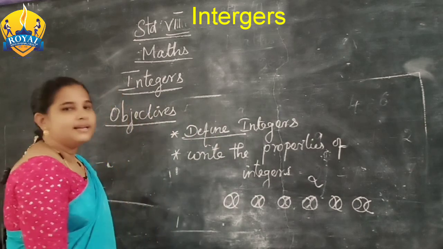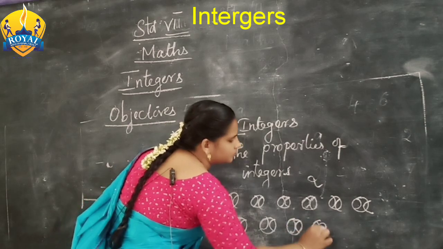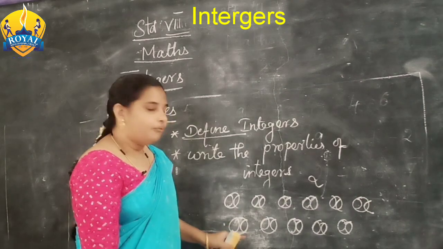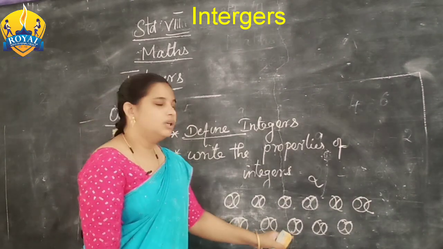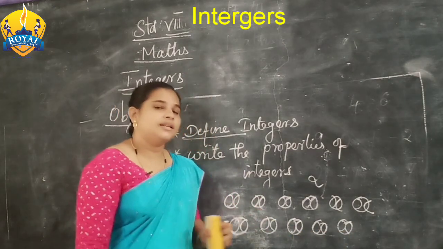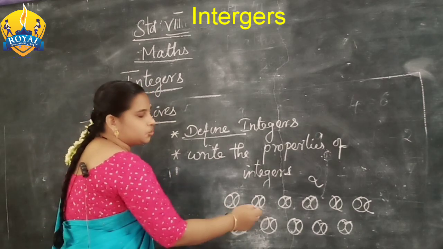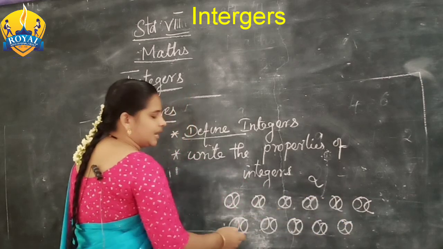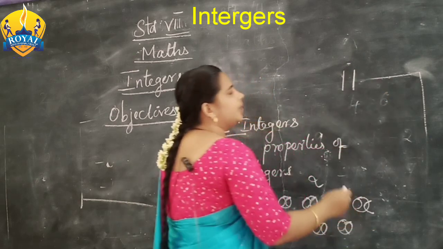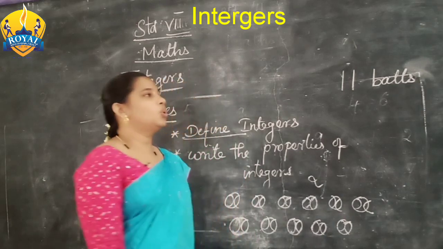And a friend has 5 balls: 1, 2, 3, 4, 5. So how many balls are there in total? 1, 2, 3, 4, 5, 6, 7, 8, 9, 10, 11. So 11 balls in total.